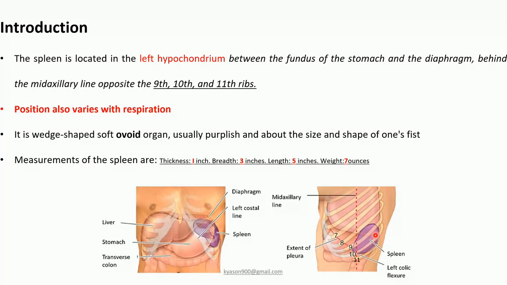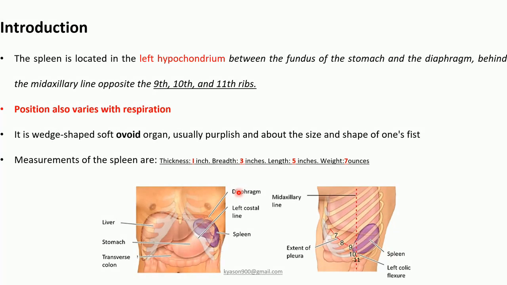The spleen is going to vary in position in different phases of breathing. When you breathe in, the diaphragm is going to be pushed down, and your spleen is going to descend slightly because of the diaphragm descending during inspiration.